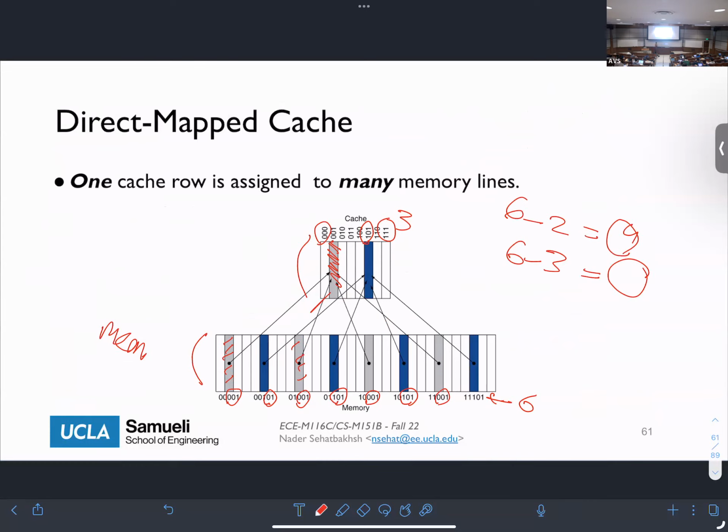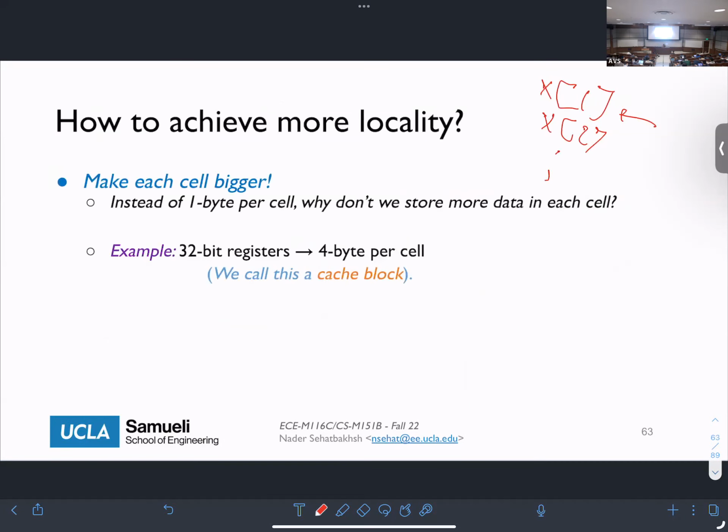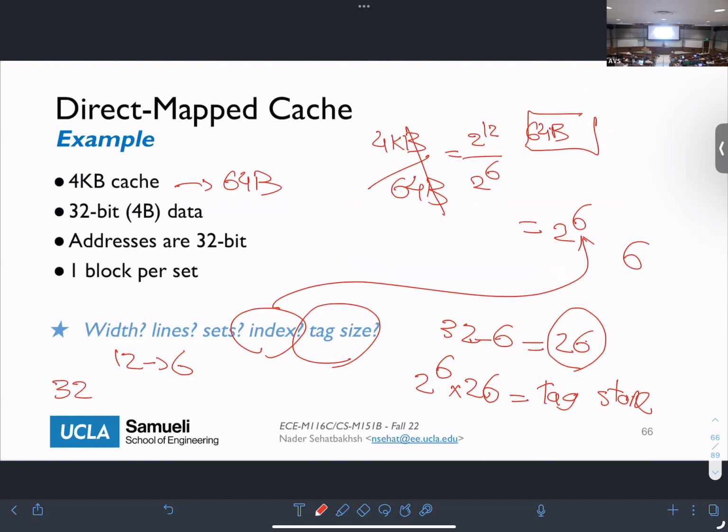That's a good question. The question is, if the addresses are in bytes, then yes, that will happen. Here, I just assume that each address is accessing 1 cache block. If the addresses are coming from the CPU, then if I add more things into 1 cache block, the first 6 bits are removed for that.